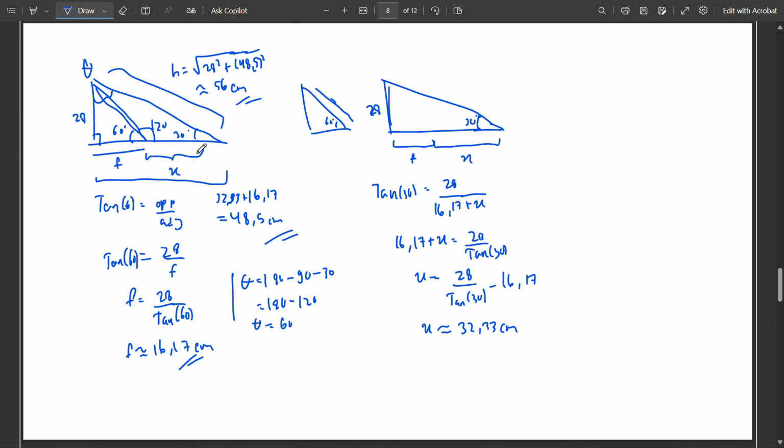This side here. So for this side we use f. Oh, just use the Pythagorean theorem. So let's call that f accent. So our f accent is equal to the square root of 28 squared plus our f, which we already got, 16.17 squared.